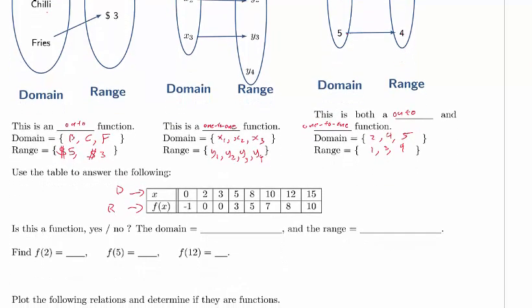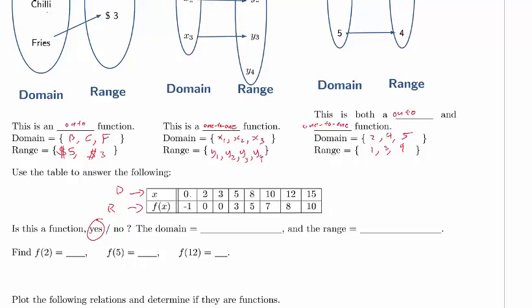So we've got to go through all these x's. Note that all these x's here are all different. So we're not repeating anything in the domain, so that's okay. And so you can see that because of that, everything in the domain is used only once. So yes, this is a function. Now, if we had like another 15 and then we had an 11 here, something like that, then it would not be a function.